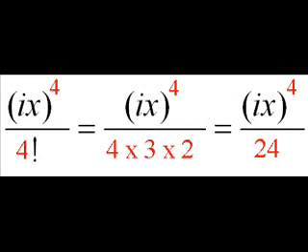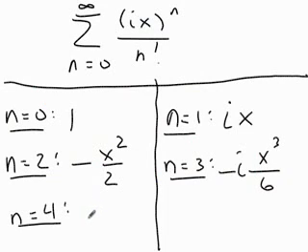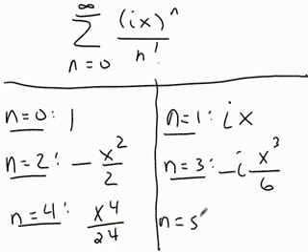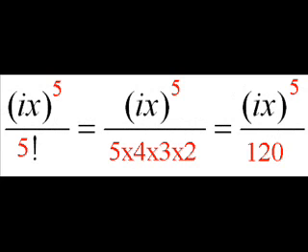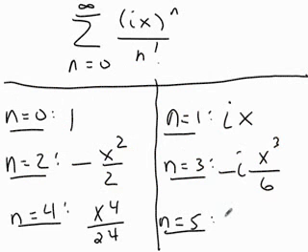The n equals 4 case, I get i to the fourth, which is 1, x to the fourth over 4 factorial. So that's going to give me a positive x to the fourth over 24. What about n equals 5? i to the fifth power, well, I'm starting to repeat the powers of i again. That's going to just be i, x to the fifth over 120.